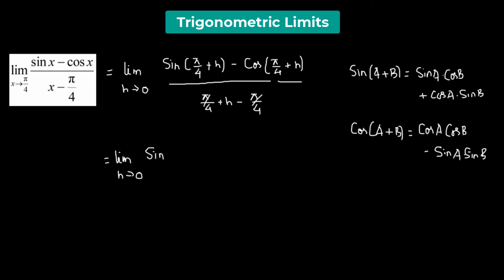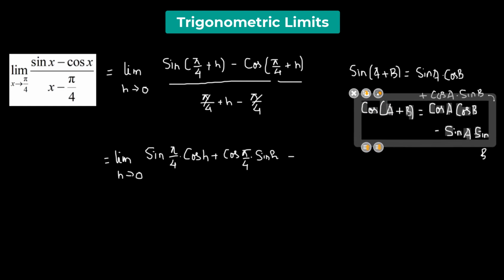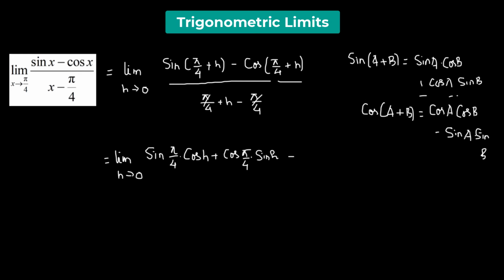So we have sine a times cos b plus cos a times sine b, minus, so we have cosine of pi by 4 times cosine of h.